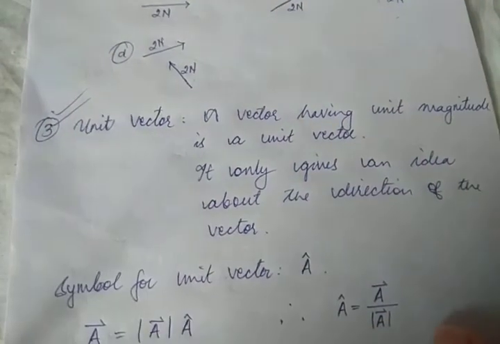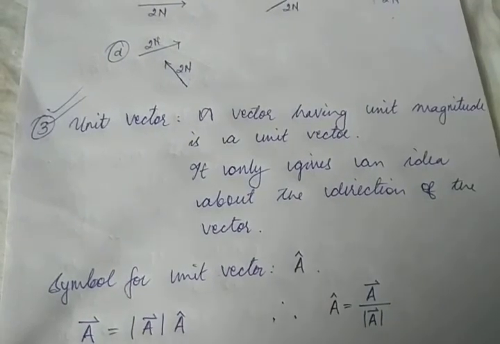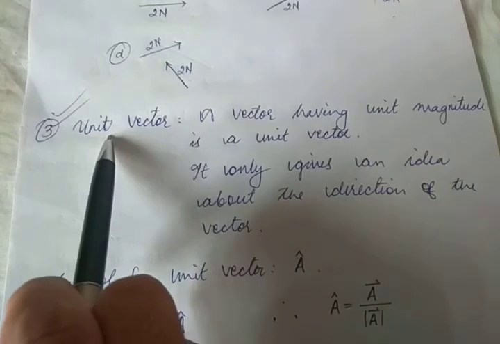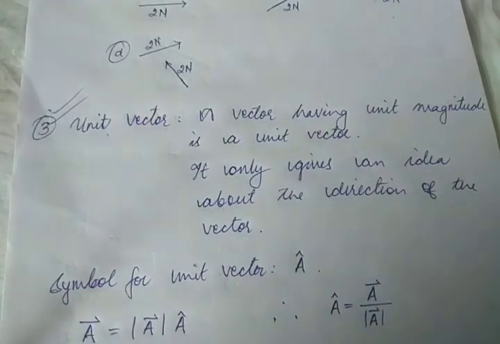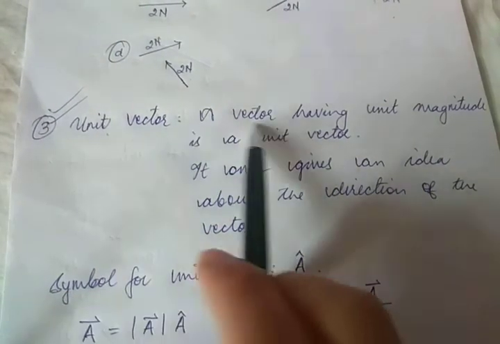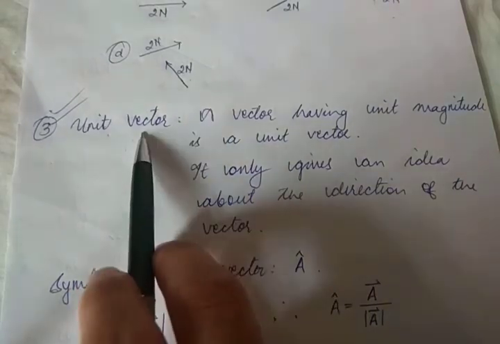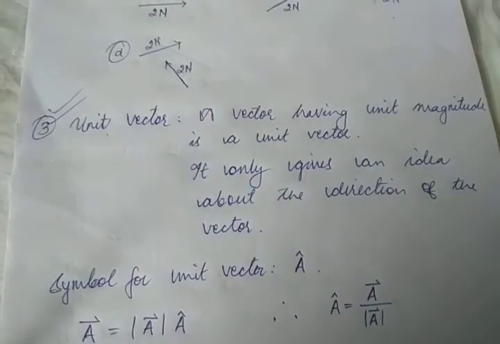Another very important thing, we are going to talk about this in the videos to follow, but for now just look at the definition. Unit vector. Unit means 1. So a vector having magnitude 1 is what is called a unit vector. A vector having unit magnitude is called a unit vector. All vectors having unit magnitude are called unit vectors, remember. Although they have unit magnitude, they will have some direction.